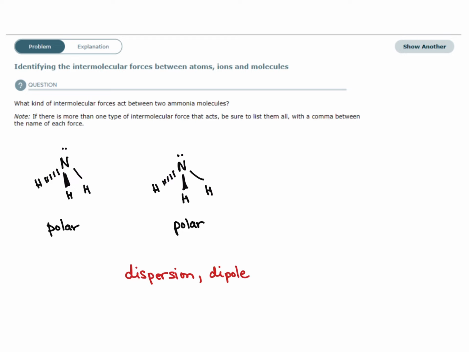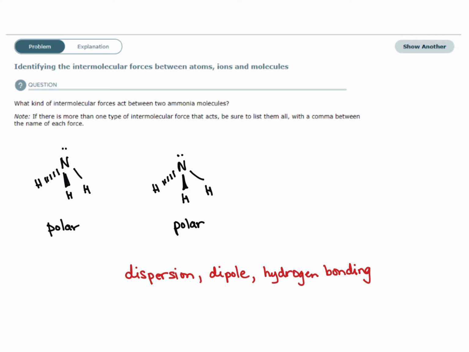Hydrogen in both molecules is bonded to nitrogen. So if hydrogen is bonded to an oxygen, a nitrogen, or a fluorine, that would be considered hydrogen bonding. So between two ammonia molecules, we have three different types of forces. We have dispersion, dipole, and hydrogen bonding.